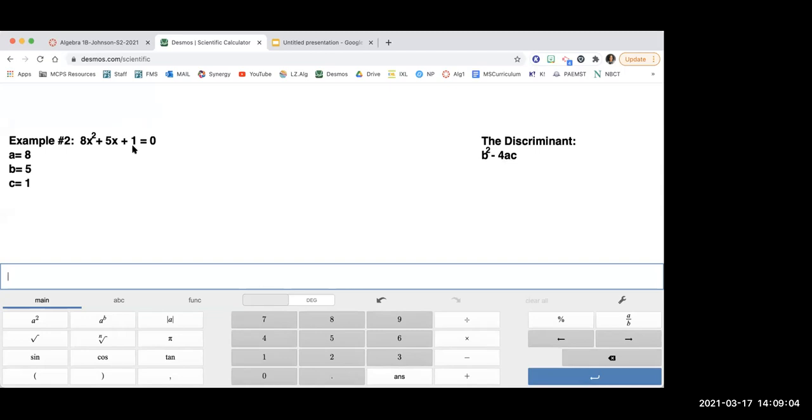Let's replace the b, a, and c of the discriminant with the values we have. The b was 5, the a is 8, and the c is 1. My final answer is negative 7.